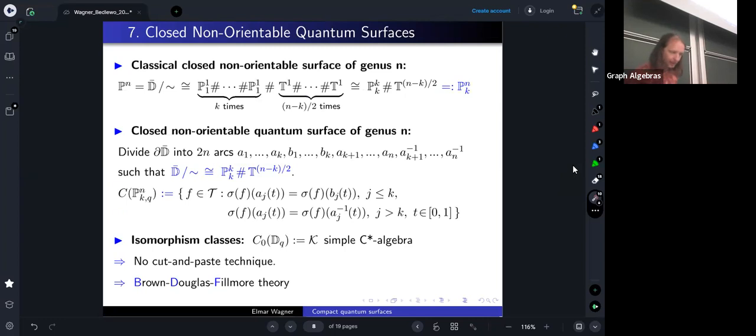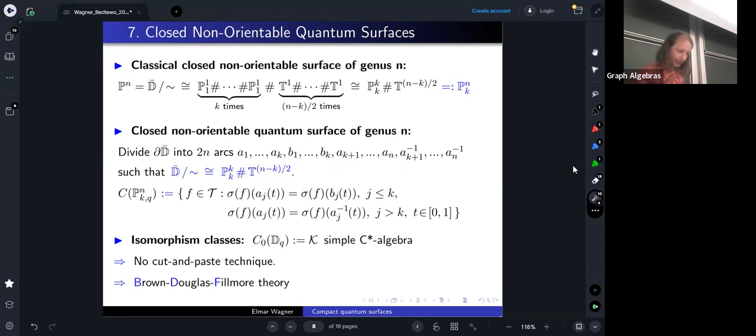In the case of the non-orientable quantum surface, we have to be a bit more careful, because we will see later that we obtain non-isomorphic C-star algebras. If you take a connected sum of tori and connect it with some projective spaces, one is enough, you always get something non-orientable. Here in the quantum case, we have to distinguish.